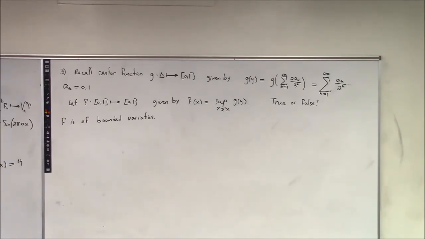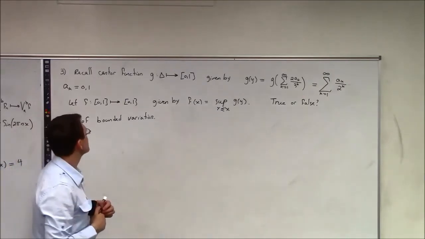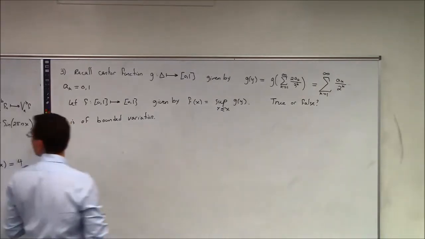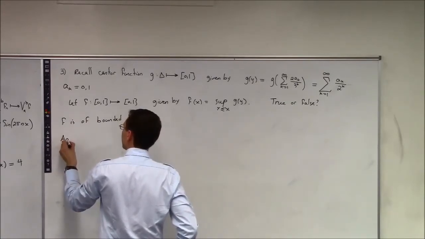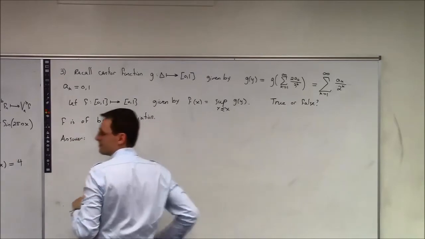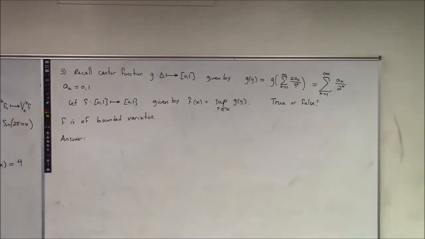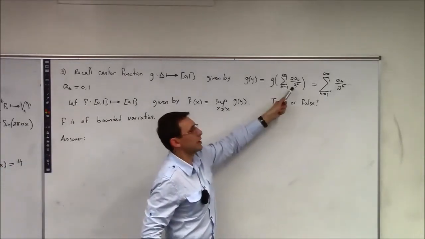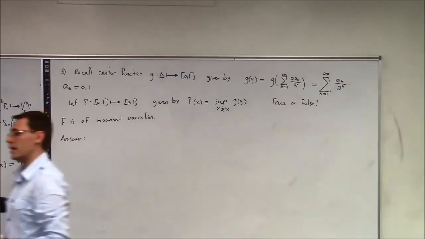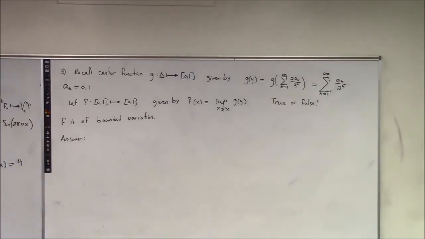Sorry, Professor, it's 2ak over 3 to the k. Yes, 2ak over 3 to the k. Where is y? Y is here. For any y, you need to find the representation. So if you remember the Cantor set, any element in the Cantor set can be written as an infinite series of that form.